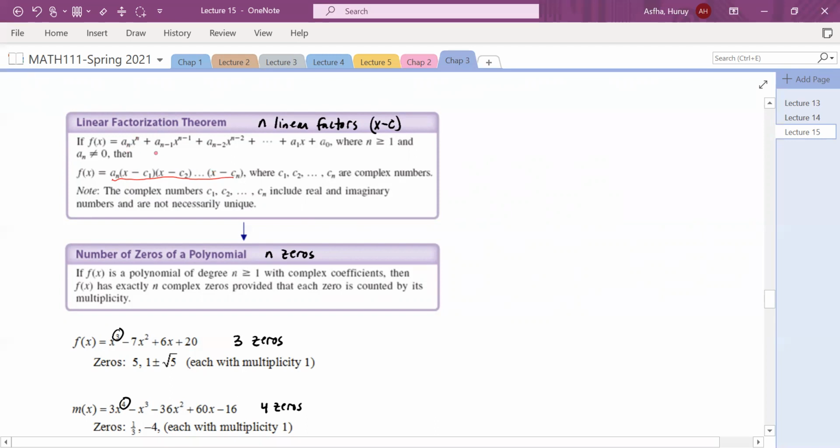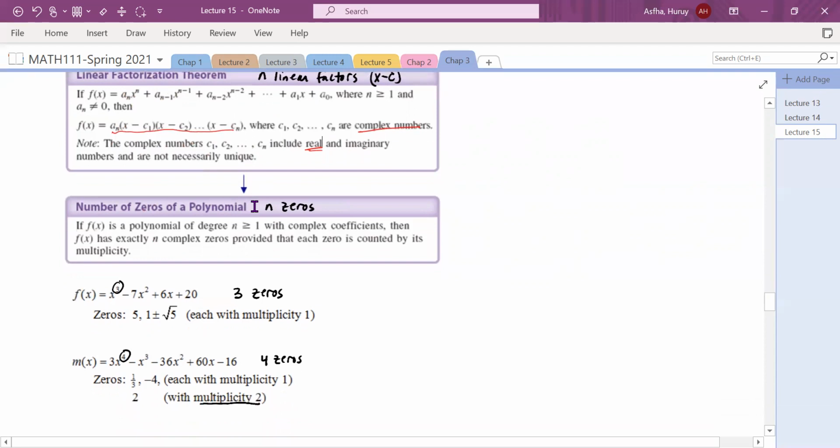This can be written as a product of n factors, where c1 up to cn are complex numbers. And again, the complex numbers include even real and imaginary numbers.